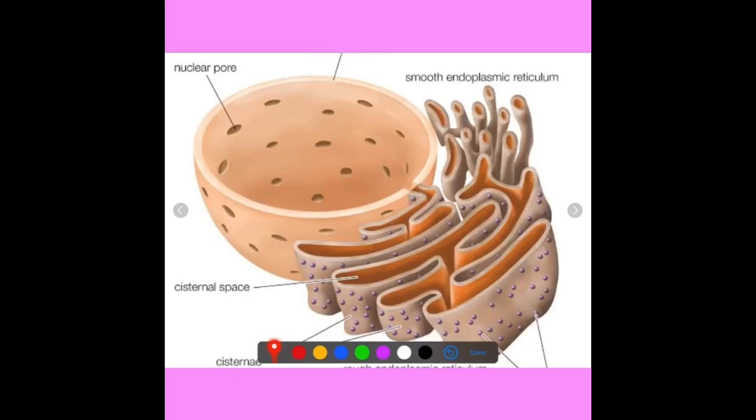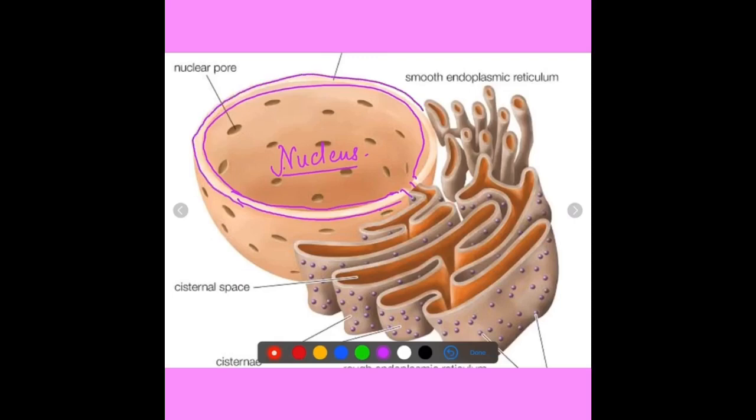And what is this? Is it the endoplasmic reticulum? No, this is the nucleus. If you remember, the nucleus has two membranes. These are the two membranes of the nucleus, and these membranes are interrupted by nuclear pores.